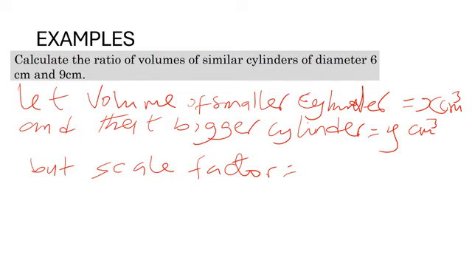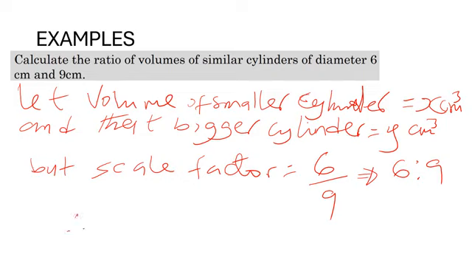So the smaller one, the scale factor will be 6 over 9, which we can as well write as 6 to 9. It's the same stuff.